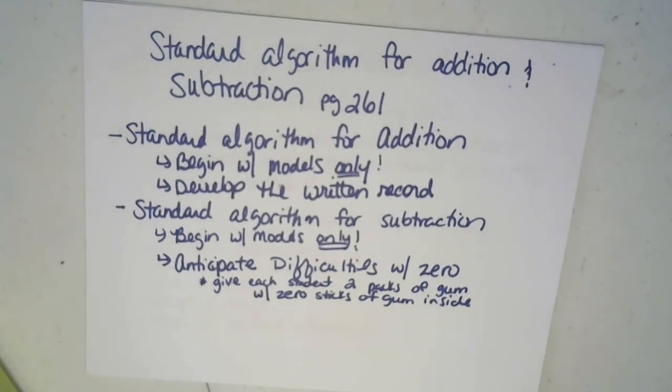Given that it is critical that you teach algorithms in a conceptual manner, help students understand the units of hundreds, tens, and ones as they work. Place value is key, especially once we move to values greater than 10.